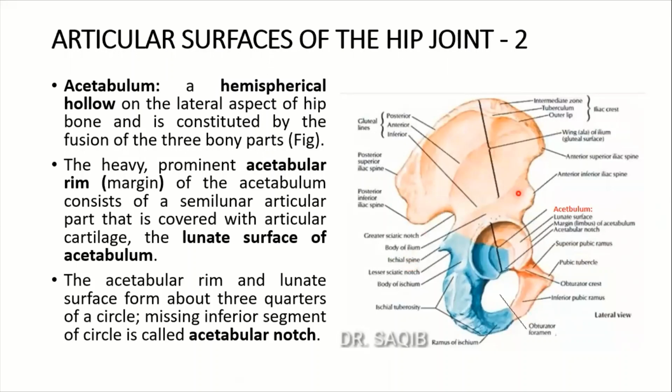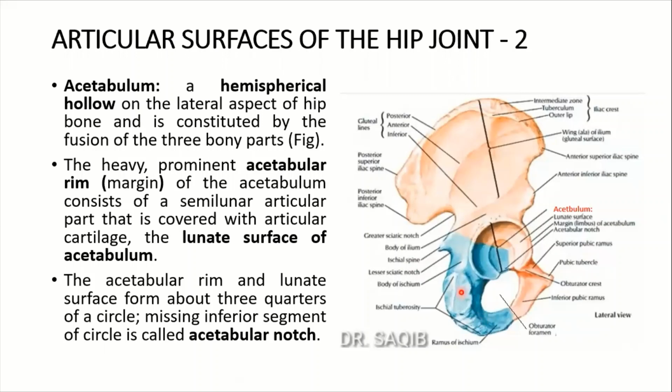The acetabulum, right? So this is the acetabulum. You could see the laser. This is the acetabulum. It's a hemispherical hollow on the lateral aspect of the hip bone and is constituted by the fusion of three bony parts. You could see what the three bony parts are. This is the ilium, and this is the pubis, and this portion is the ischium, right?